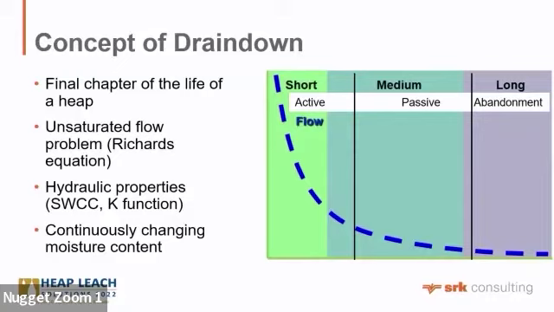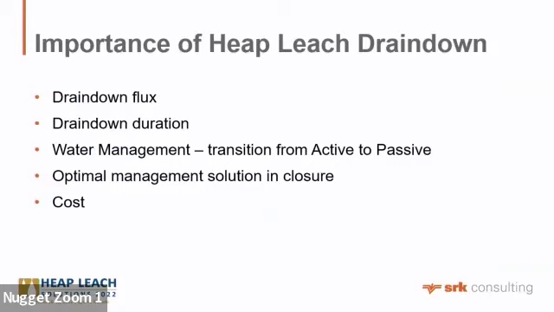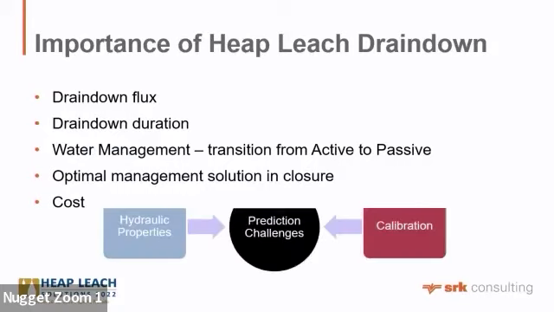Right. And also, one needs to remember always that the moisture content in the heap leach at the drain down time is continuously changing and it's hopefully changing in one direction only. Wrong direction. So the important, why do we need to know this?